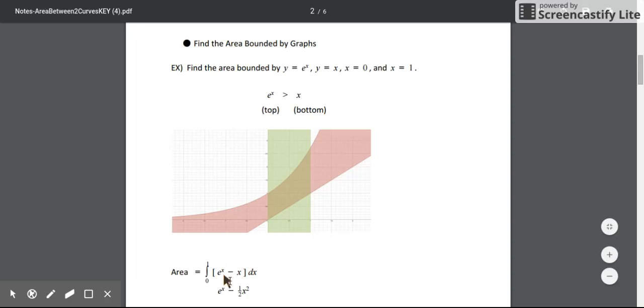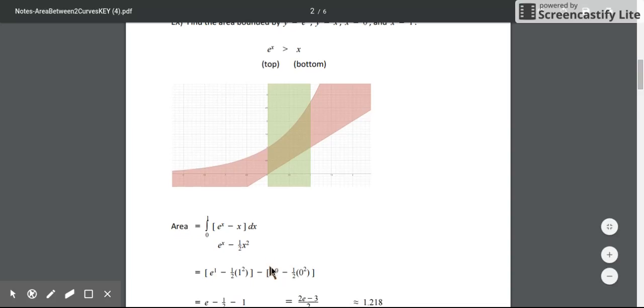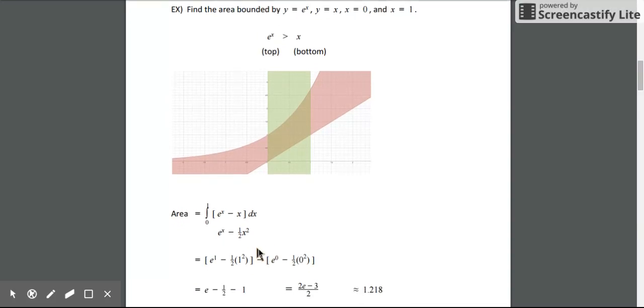So if we do e to the x minus x and then integrate, then we can solve for the area in between. Because we can't do anything to simplify this subtraction, we're just going to find the antiderivative.